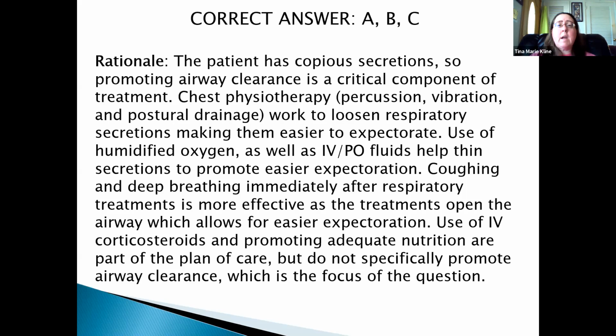When you think about the mechanism of action, the methylprednisolone, the corticosteroid, helps reduce the swelling of the internal lining of your respiratory tract. So by reducing the edema, I'm opening up the airway, but it doesn't actually promote cough. It doesn't actually promote clearance of the secretions that are there.